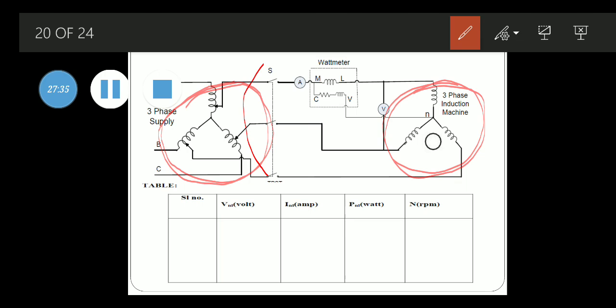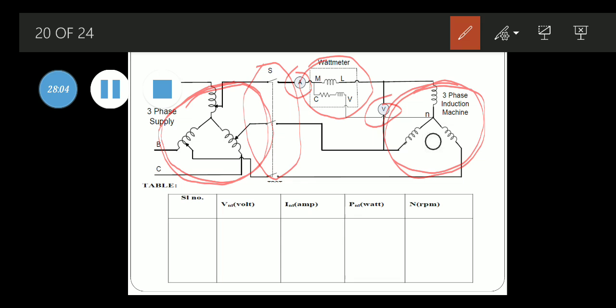By closing and opening the switch, the supply is provided to the motor. One ammeter is connected which measures the phase current, and a wattmeter is connected to any one phase. Then a voltmeter is connected between two lines, so that the line voltage can be converted into phase voltage later.